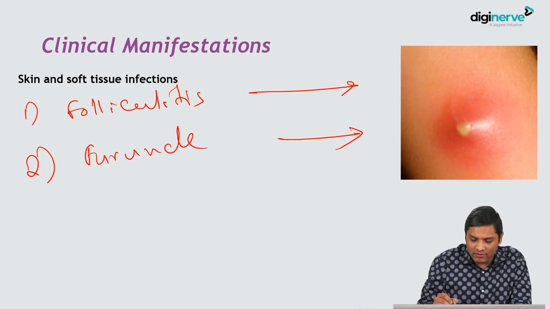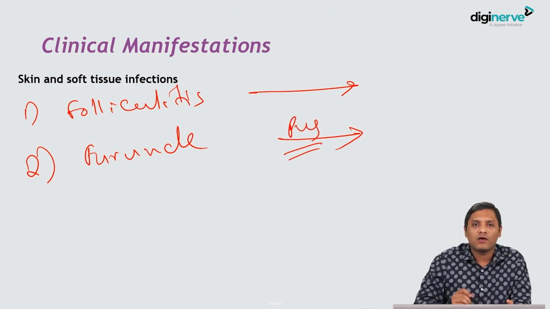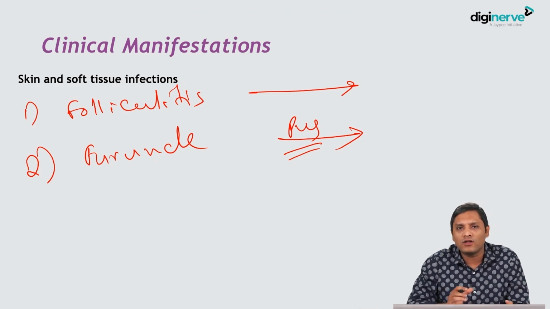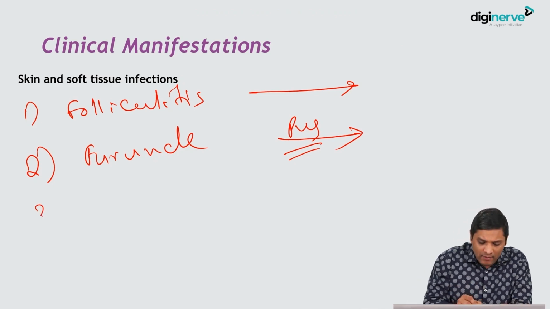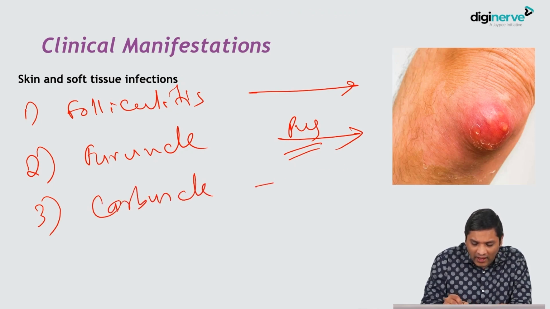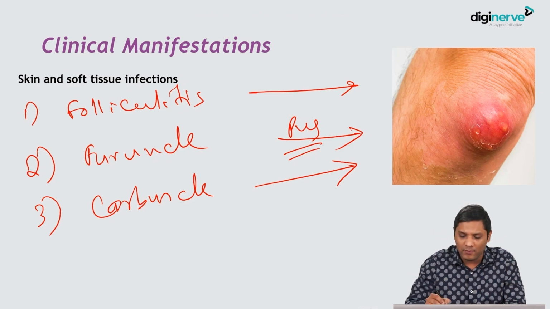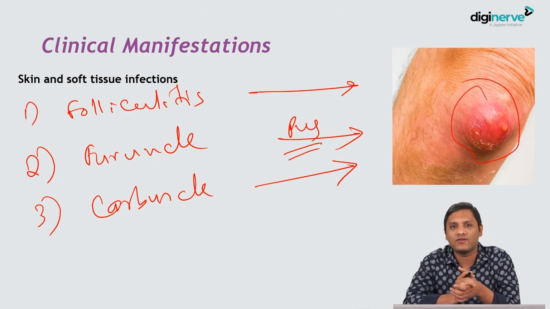Furuncle is a condition where you will have pus formation in the follicle region. Few of the furuncles will coalesce to form a carbuncle. Carbuncle is nothing but the furuncles joining together to form a larger area of infection.